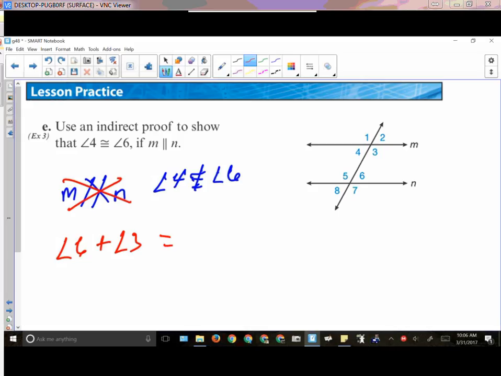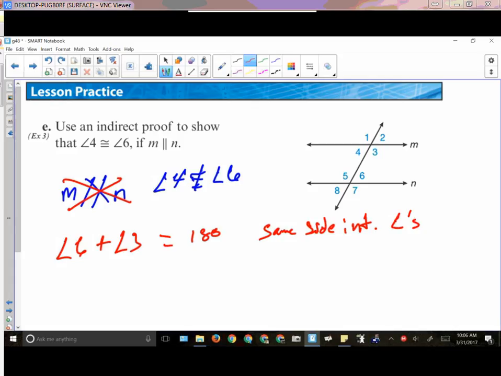So, how many degrees do 6 and 3 have to add up to? It's one of the rules that we have. 180? Yeah. 180, because these are the same side interior angles.